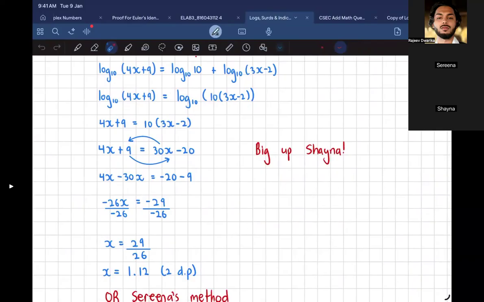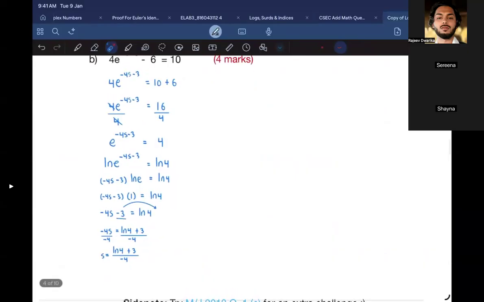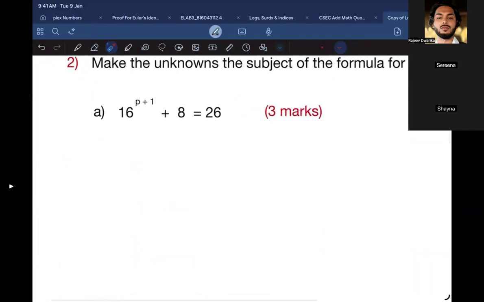What are the odds? So you could only drop logs when you have one term on either side. So it's the same thing. You could only apply logs when you have one term on either side. So, Shina, do you understand how I got to this point where I had one thing on either side? Yes, sir. Right. So if that's the case, you should be able to do question two then.